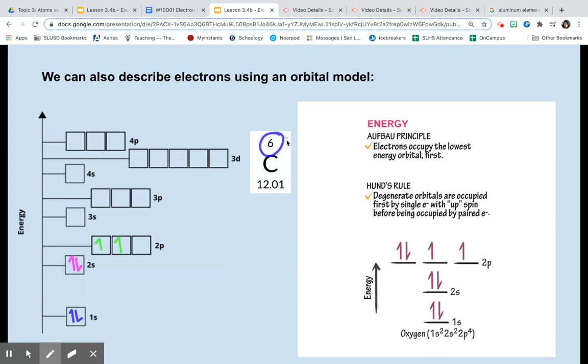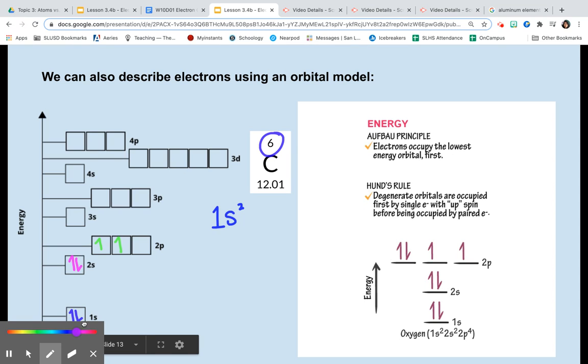And if I were to draw the electron configuration, in the first energy level, it's moving in an S shape. I have 2 electrons, each denoted by the half arrow, one going up, one going down. Then in the second ring, S again, it's moving in this shape, and I have 2 electrons.